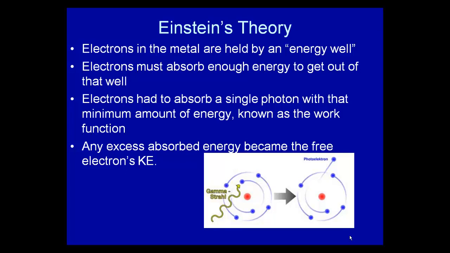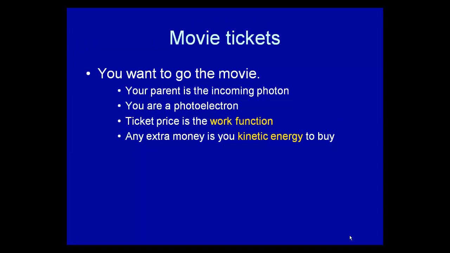The electrons had to absorb a single photon with that minimum amount of energy, and that's known as the work function. Any excess absorbed energy became the electron's kinetic energy and caused it to move. So in other words, if I get just the right amount of energy, I get it up to the top of that well. To get it moving away from that well, I had to have excess kinetic energy.